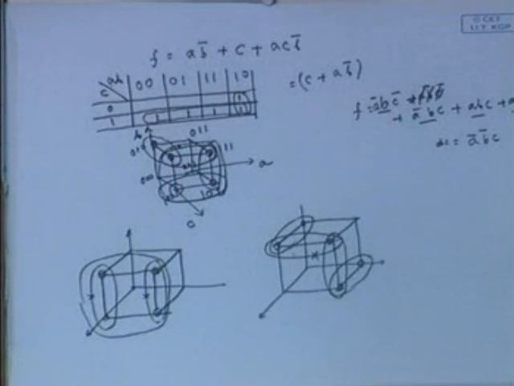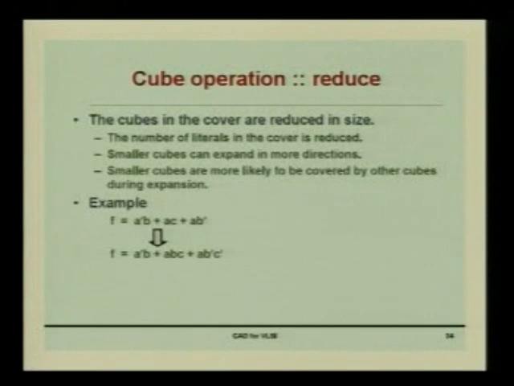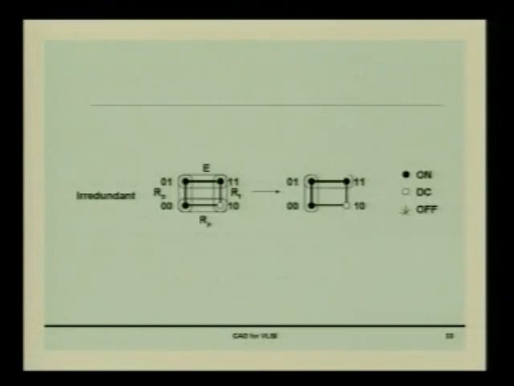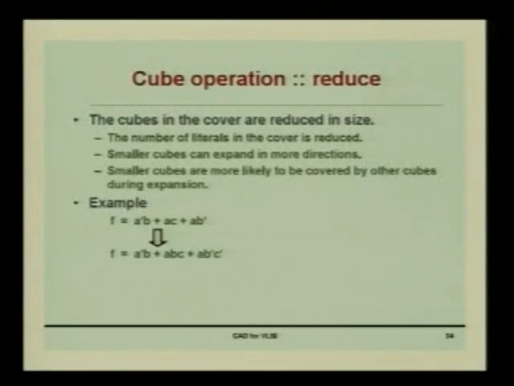Now in the reduce step, you do a very funny thing. You will do exactly the reverse of what you do in the expand step. You will try to minimize the cubes.